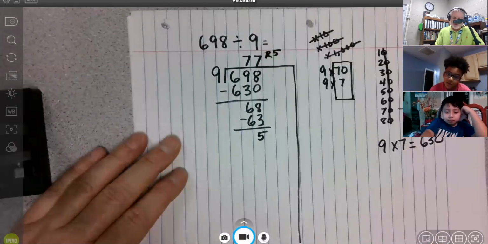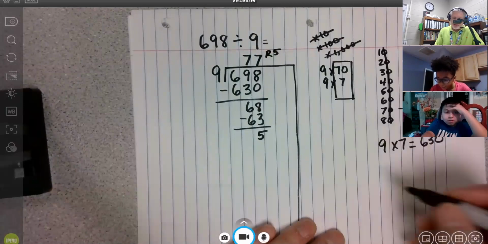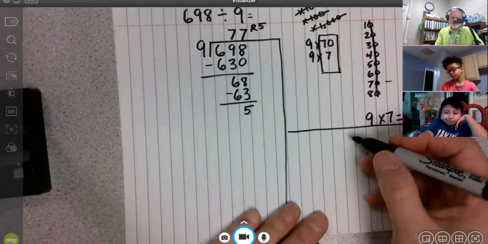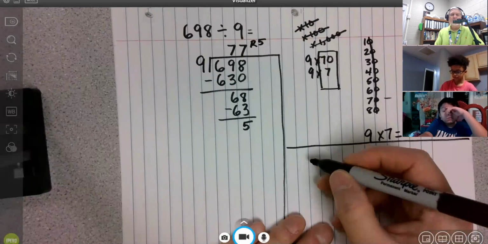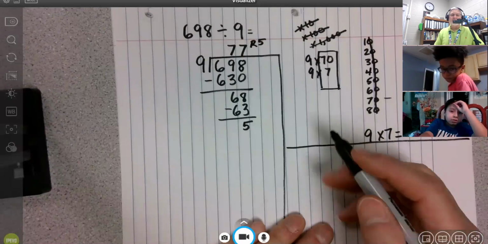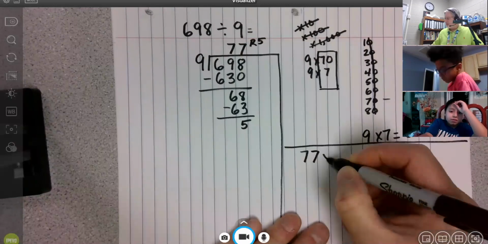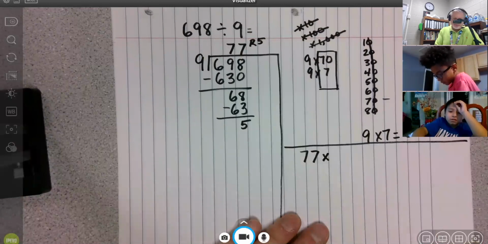All right, so now we want to multiply. What do we multiply to check our answer? What 2 numbers can I multiply to check my answer? 77 times what? 9.